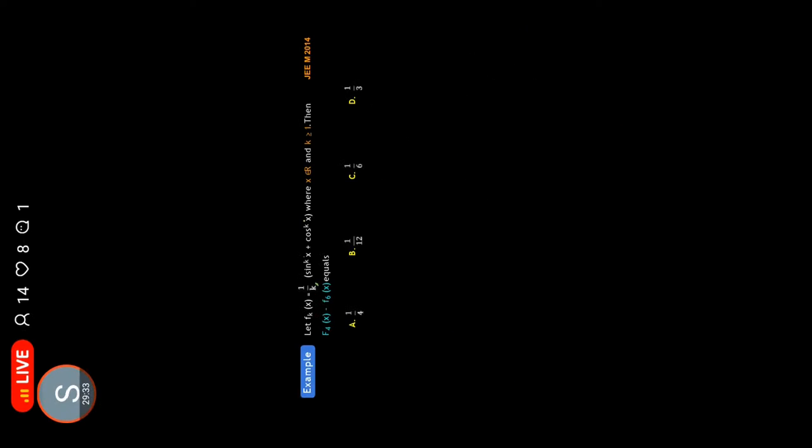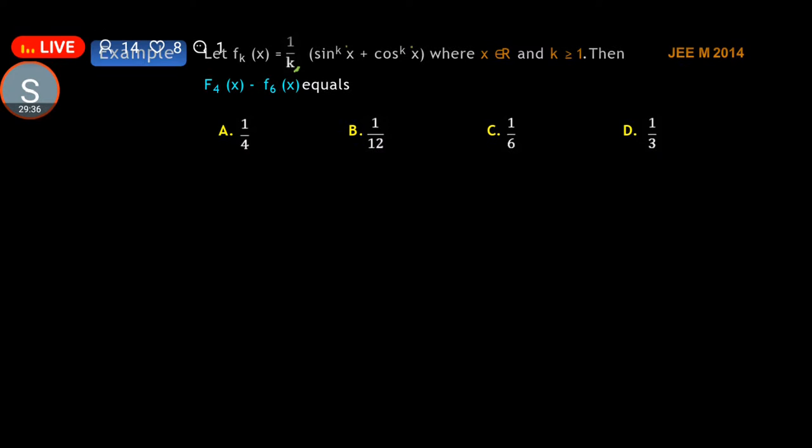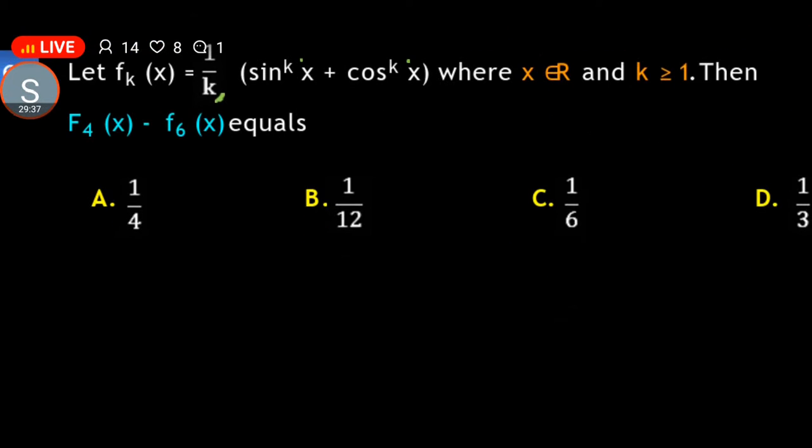Let f(x) = (1/k)(sin^k x + cos^k x), where x belongs to R and k is greater than or equal to 1. Then f(4x) minus f(6x) equals what?